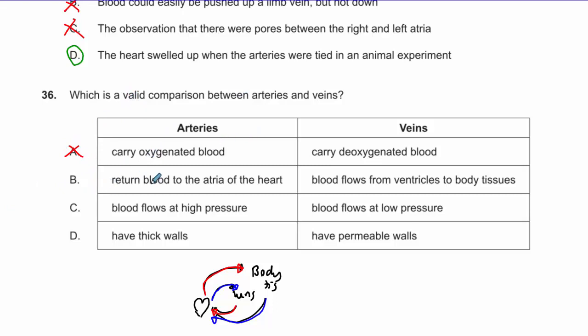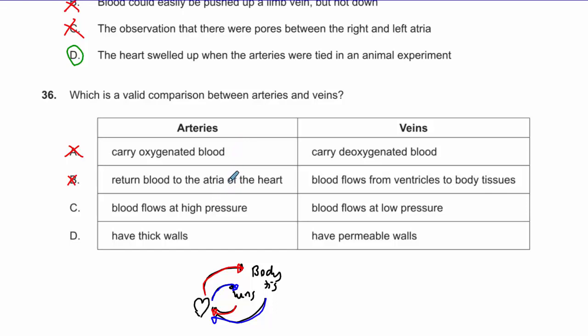B, return blood to the atria of the heart. Well, yes, but only in the small circulation from the lungs. So this is also wrong, because in the large circulation the arteries do not return blood to the atria.